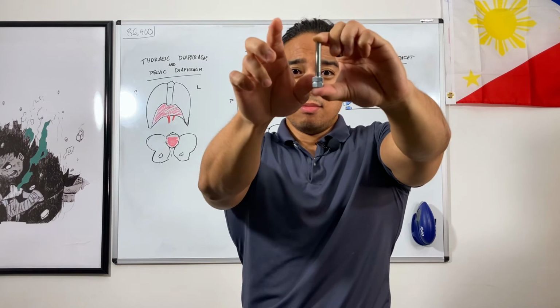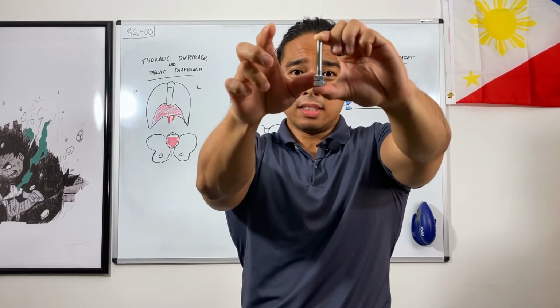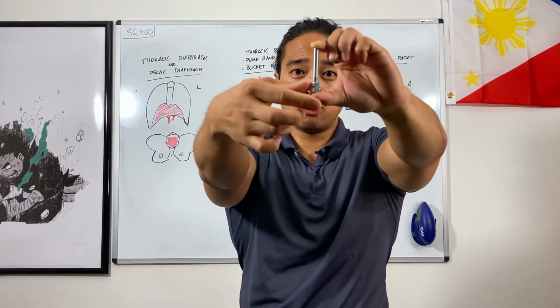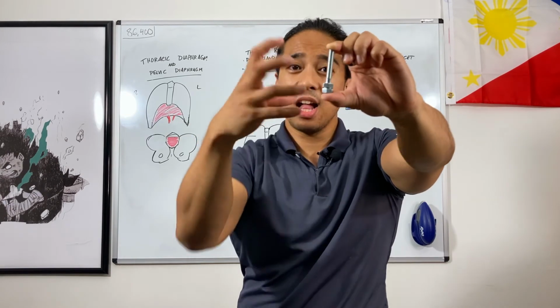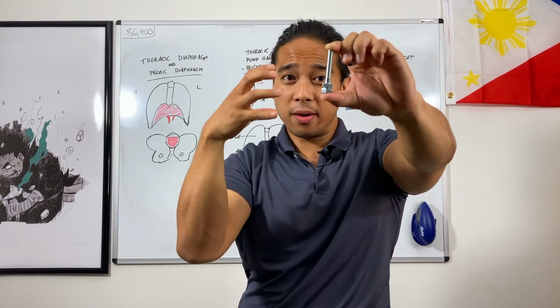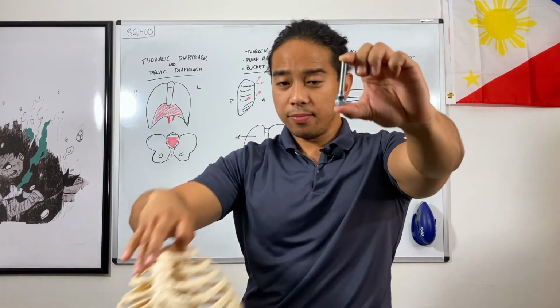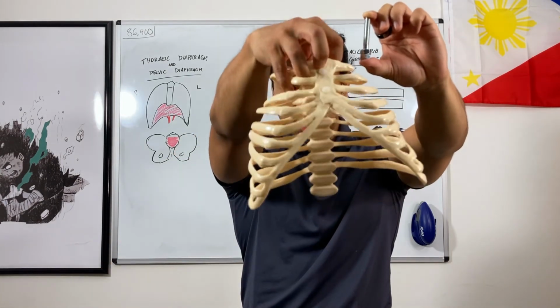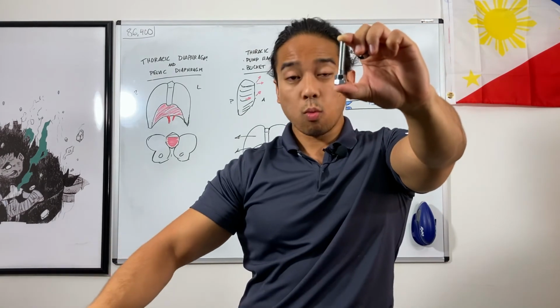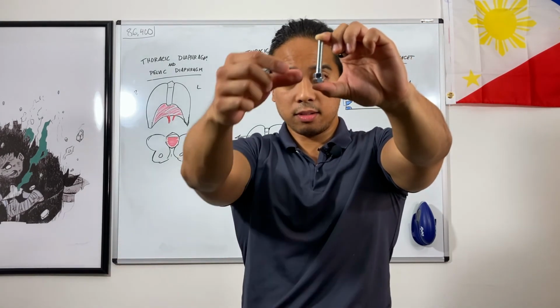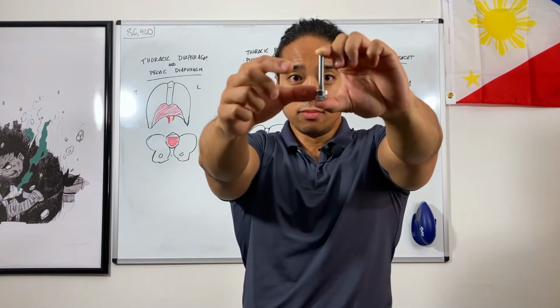So, and then as I exhale, what happens? If this superior anterior rib right here in the front, if it goes down as I exhale, where does the spine rotate? So I'm going to do it one more time.